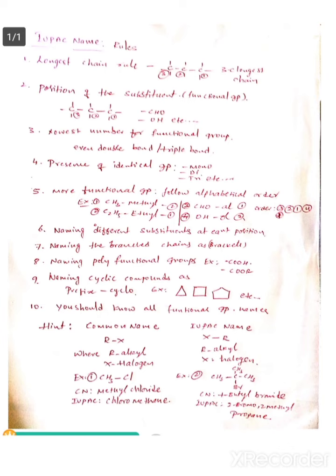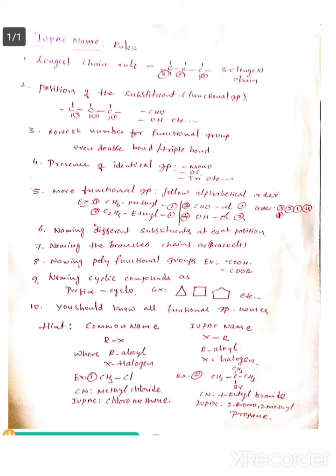Next, the fifth rule: with more functional groups, follow alphabetical order. If the carbon compound contains many functional groups, you can see the examples 1, 2, 3, 4 that I have given here.